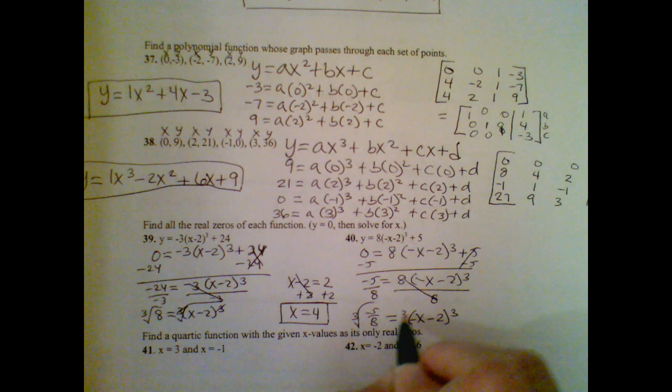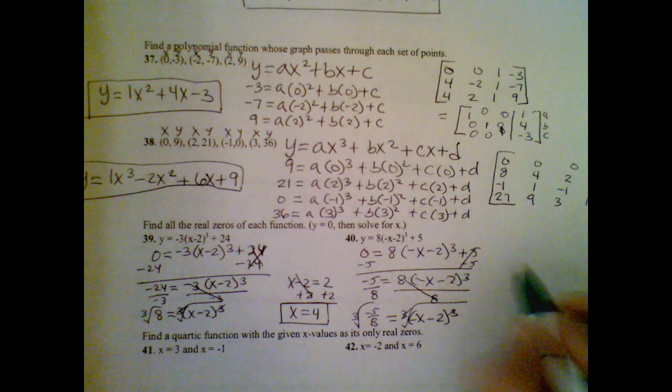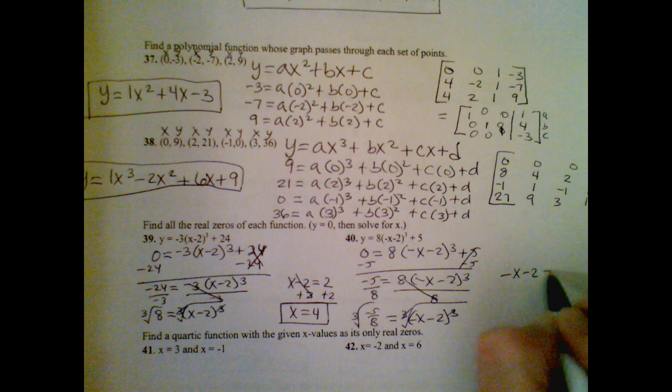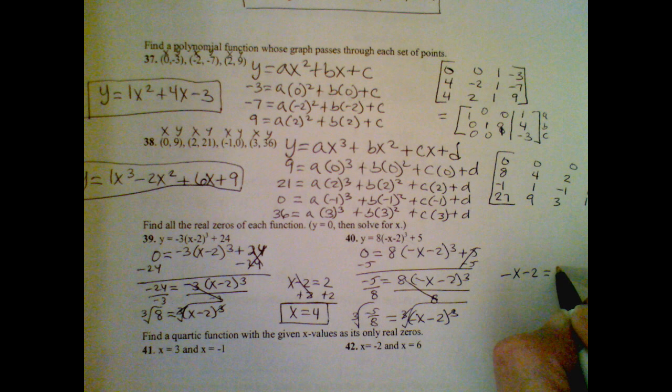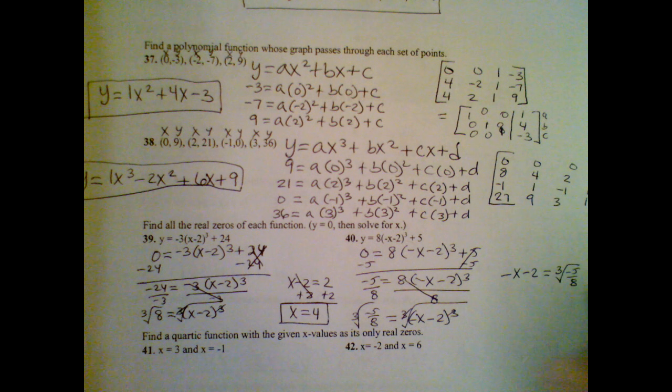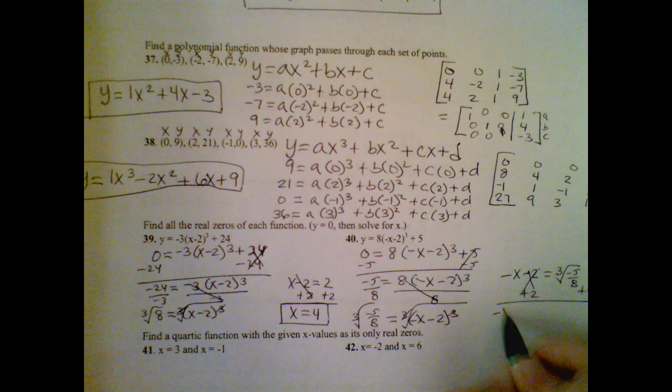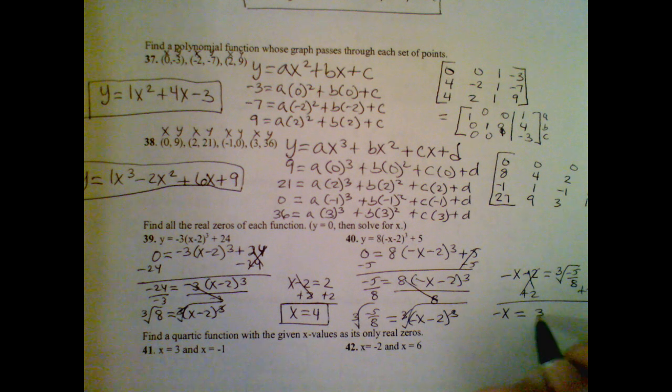Cube root of both sides. Those cancel out, so we get negative x minus 2 equals the cube root of negative 5/8. So then we go ahead and add 2 to both sides. So we have negative x equals the cube root of negative 5/8 plus 2.